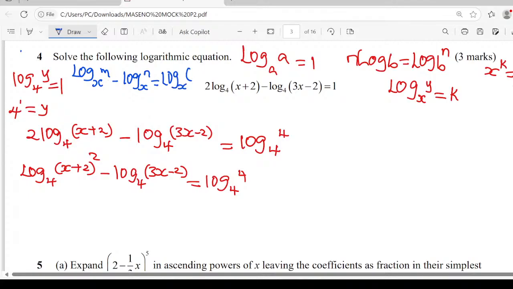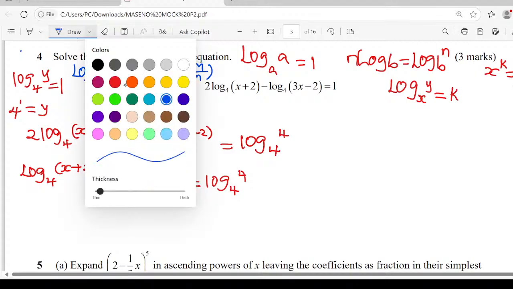Then because we are subtracting, we are going to divide the powers, so that this one will now become m over n when you combine. Hope you also remember that formula, learners.